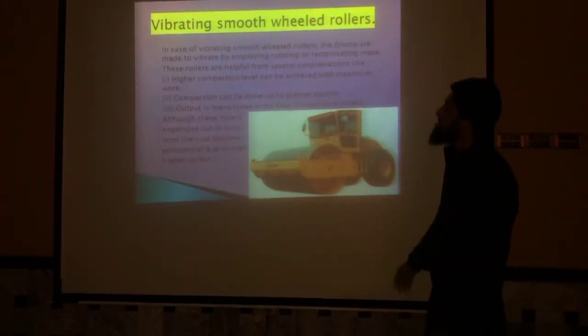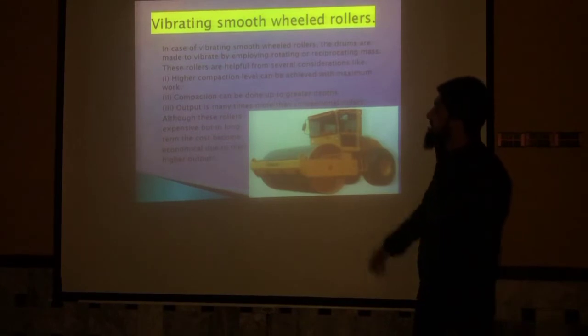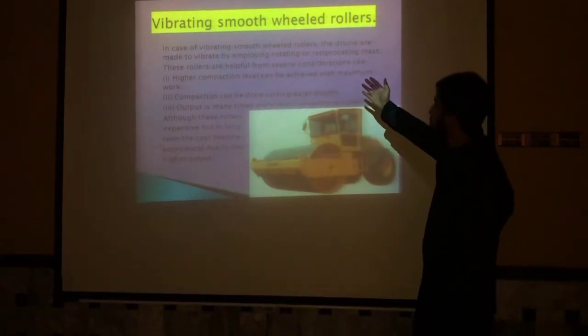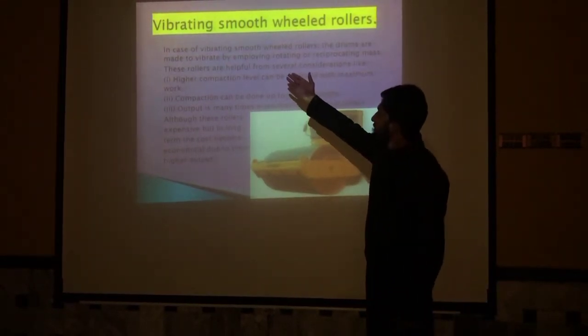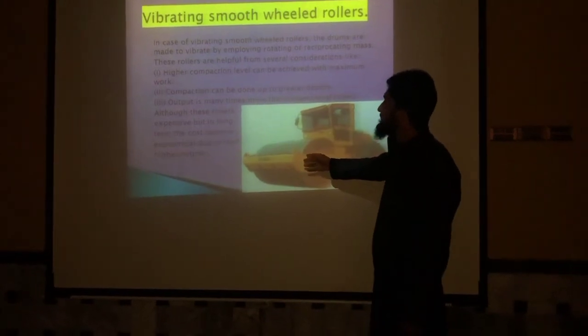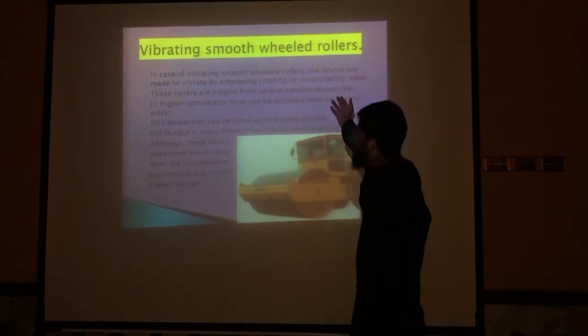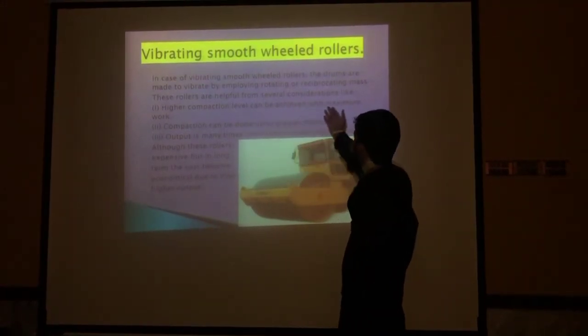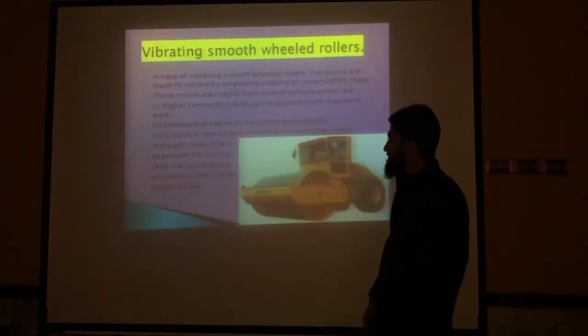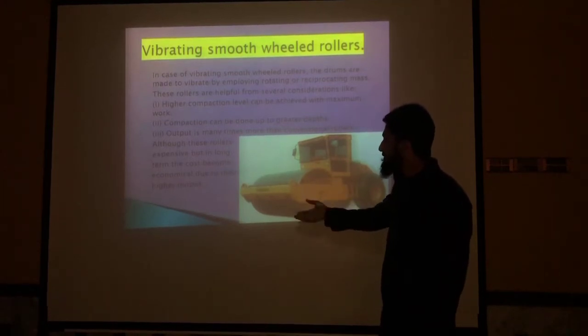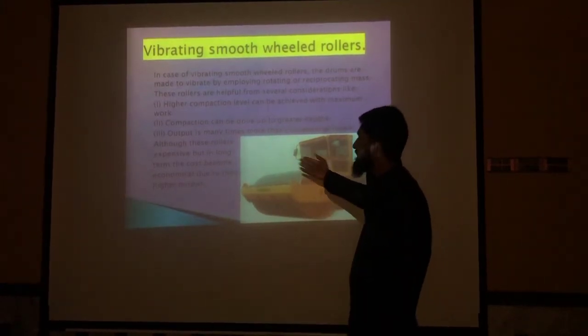The next one is the vibrating smooth wheel roller. In this kind of roller, a vibratory process is developed for the compaction of soil. A high compaction level is achieved with maximum effort. We can achieve the maximum compaction with this kind of roller.